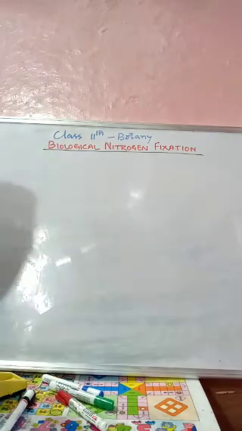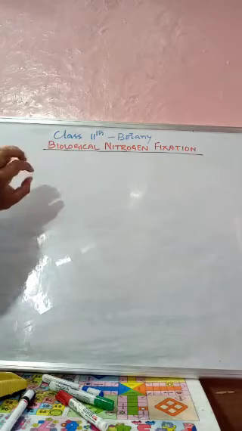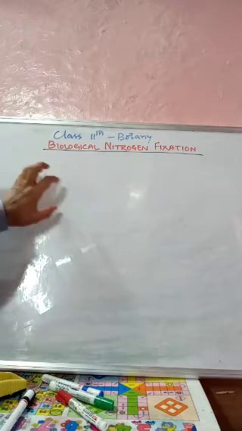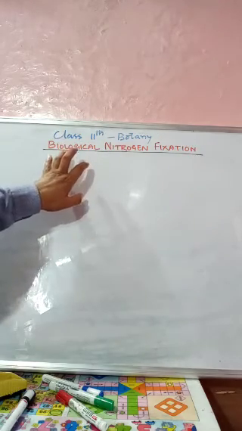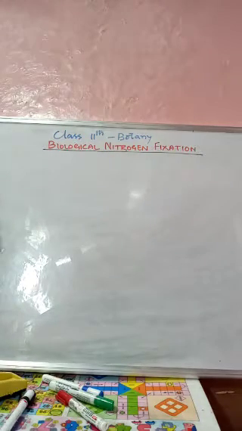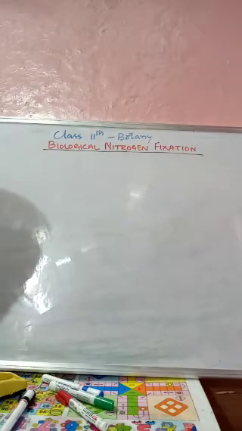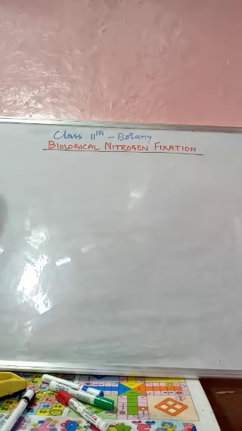Last time we discussed that nitrogen fixation can take place by two methods. First one is the physical nitrogen fixation, and second one is biological nitrogen fixation. Last time we discussed physical nitrogen fixation in two categories: natural nitrogen fixation and industrial nitrogen fixation.